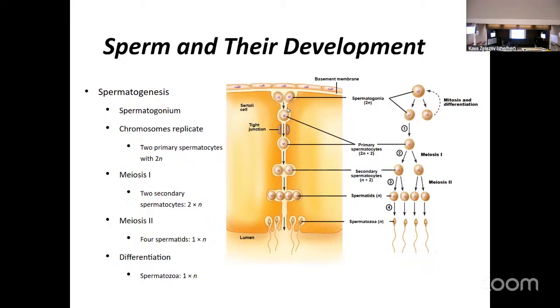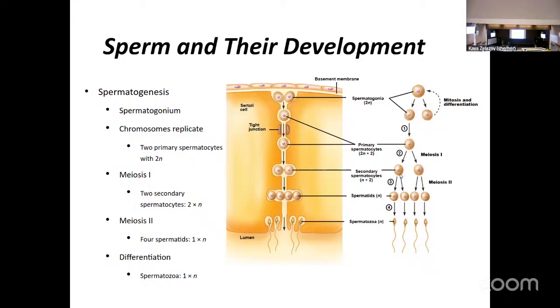All right, so as we set up for that, we're moving a little bit down, moving towards the lumen of the seminiferous tubule. So you can see here the primary spermatocytes are going to undergo meiosis 1. So they're starting that meiosis process.